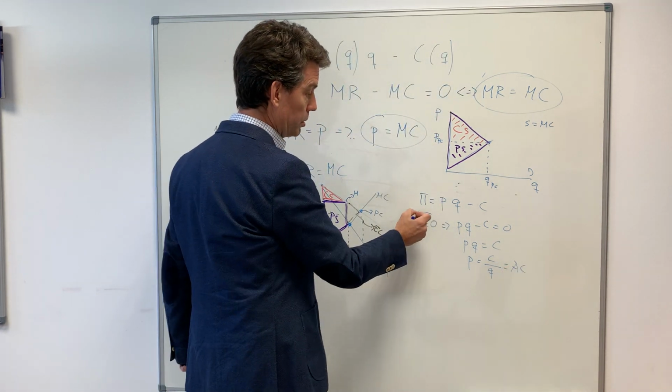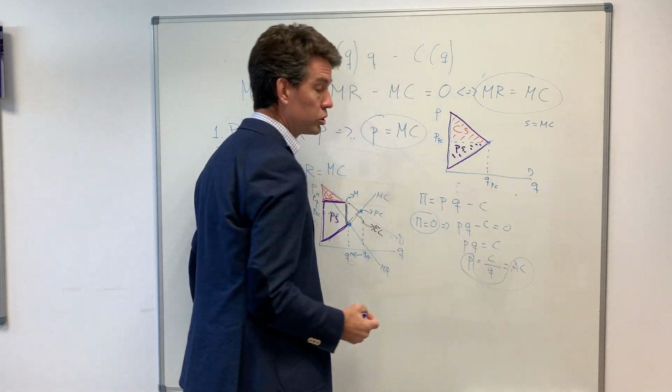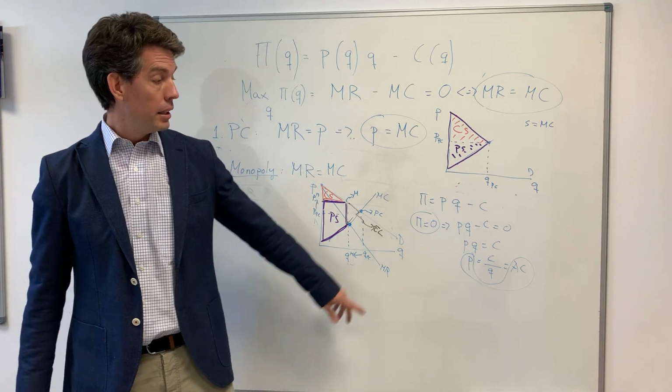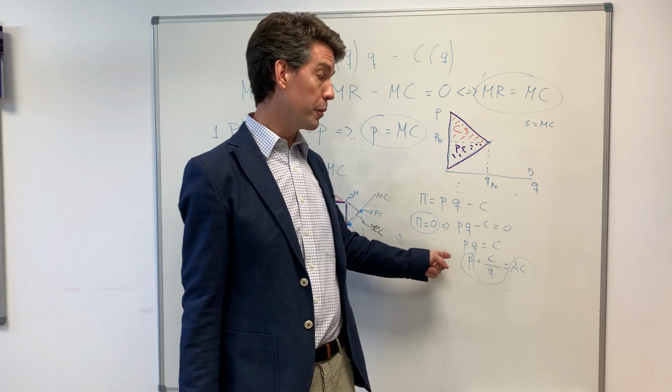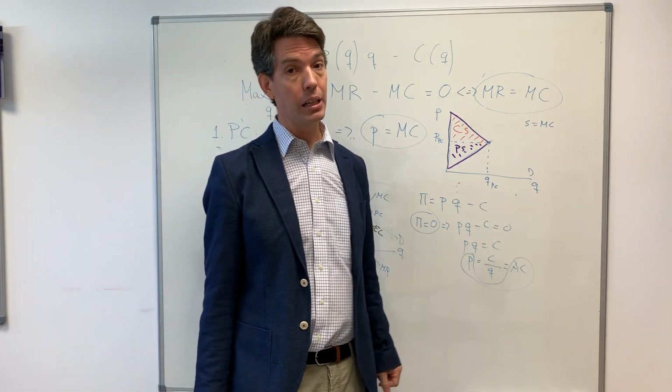So profits will be 0 when the price equals the average cost. So in the long run, if there are no barriers to entry in a market, the price is going to go down, more companies will enter, the price will go down, and profits will go to 0. So in the long run, the price will be equal to the average cost.